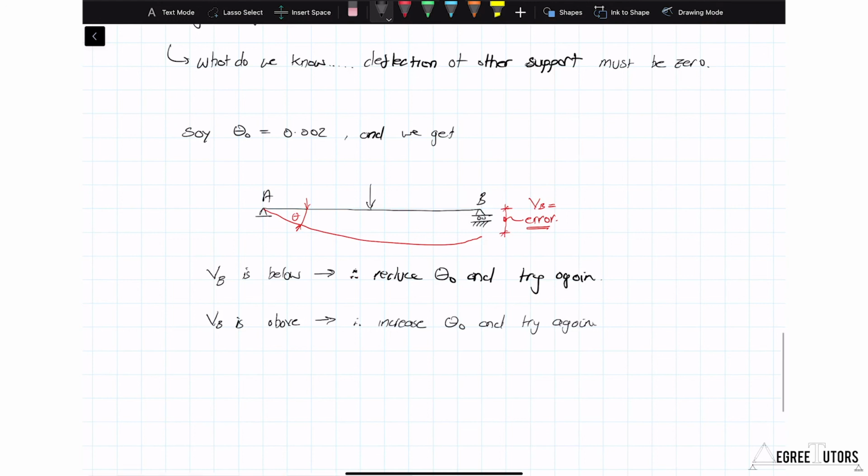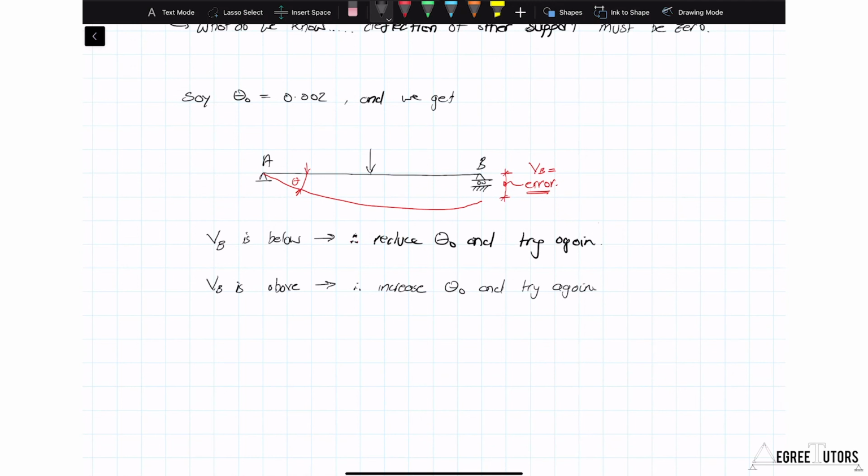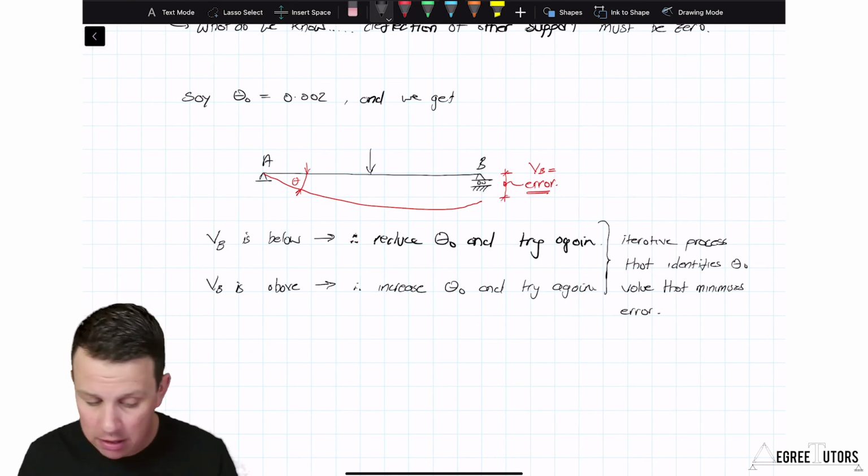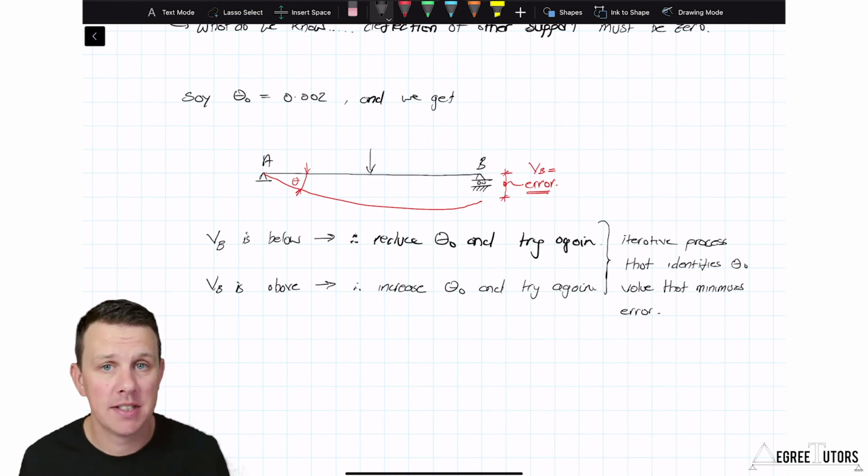So what we're saying here is that this is an iterative process to identify a value of theta 0 that minimizes the error. There you have it. Because the computer is going to do all of the hard work and crunch all the numbers for us, all we really have to do is implement the logic.